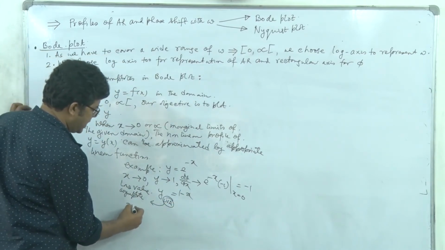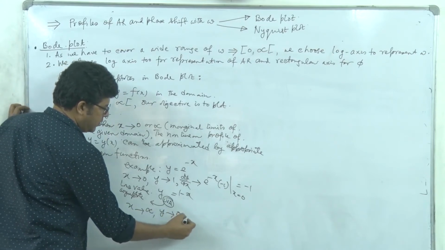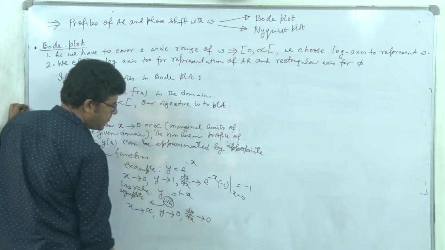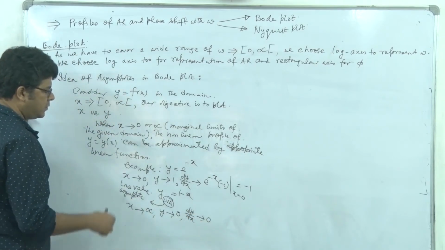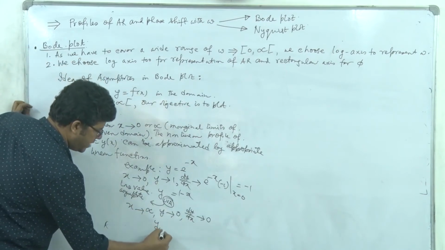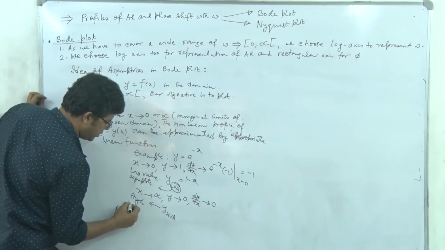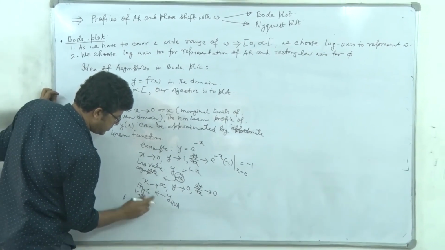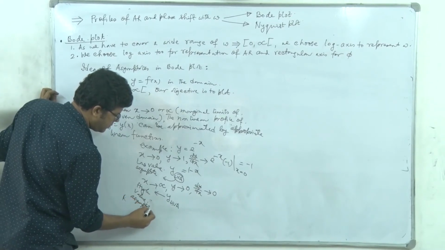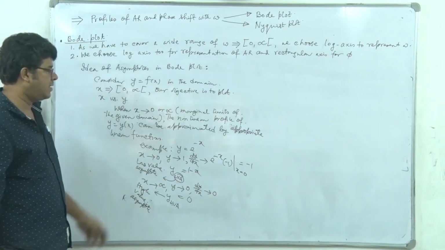And on the other hand, when x tends to infinity, y tends to 0, dy/dx tends to 0, right? So we can say that y HVA, high value asymptote, is 0. y HVA is 0.